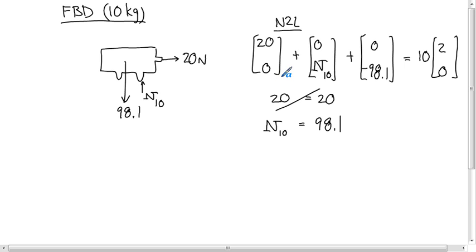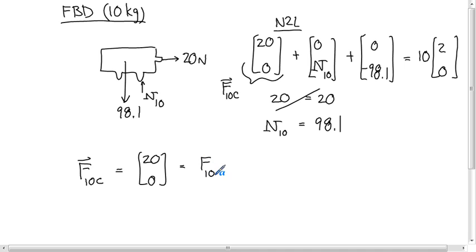Okay, but this 20, 0, that's the force vector on the 10 by the cable, right? So the force vector on the 10 by the cable is equal to 20, 0. And since there's not really a cable there, that's the force vector on the 10 by the 15.